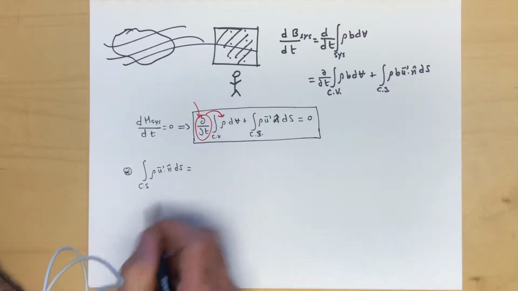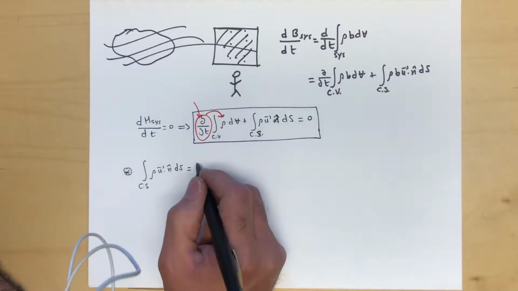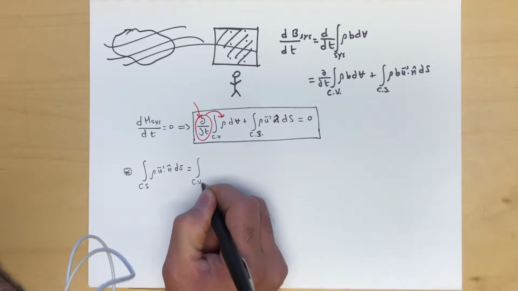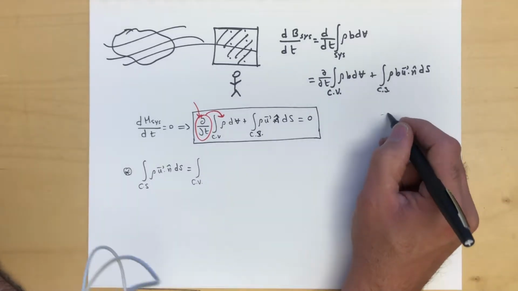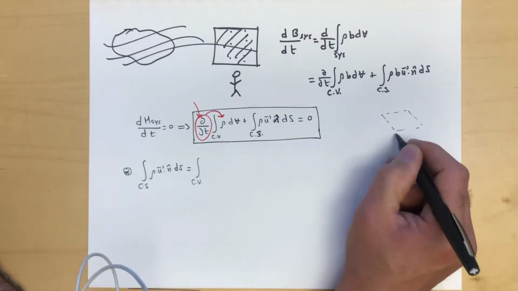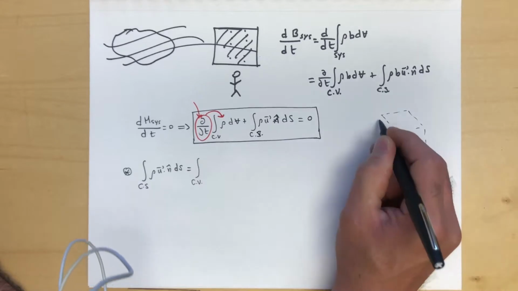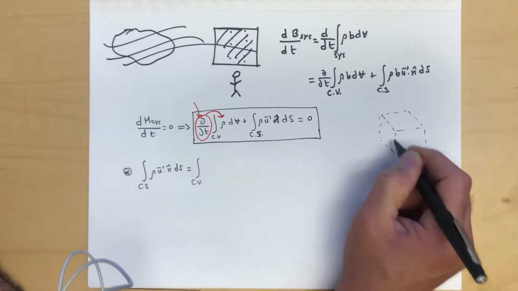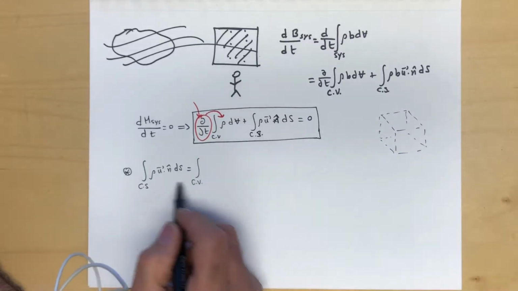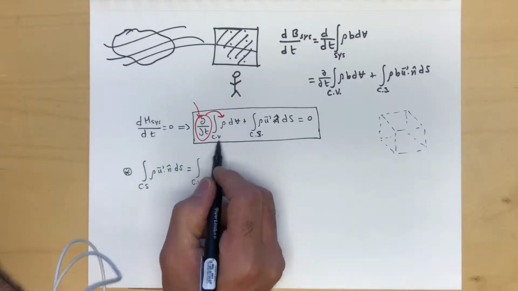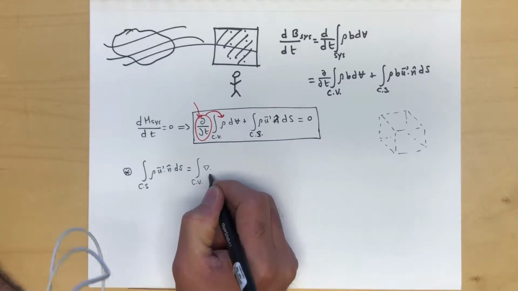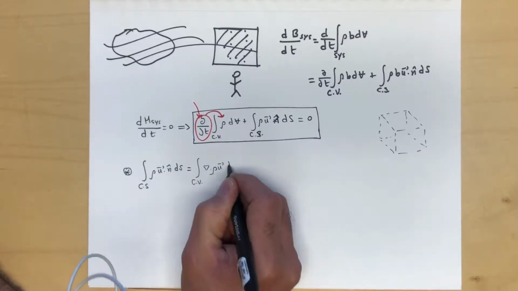So let's start by looking at the surface integral of rho u dot n dS. Remember the integral theorem that tells us that this is equal to the integral over the volume enclosed by this control surface of the divergence of rho u dV. Remember, our control volume is enclosed by a control surface.